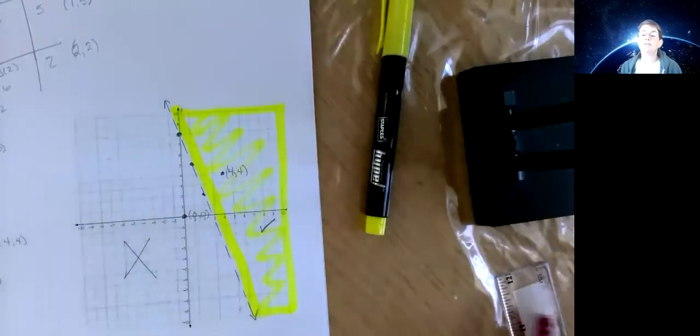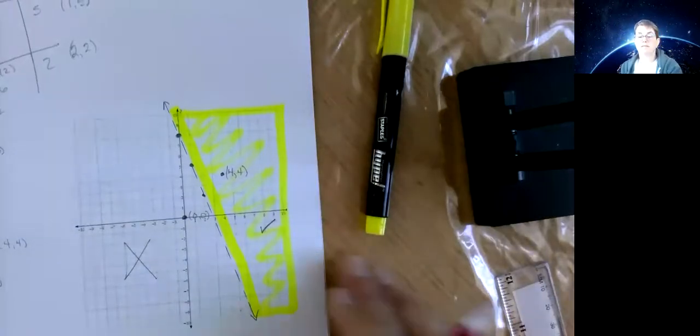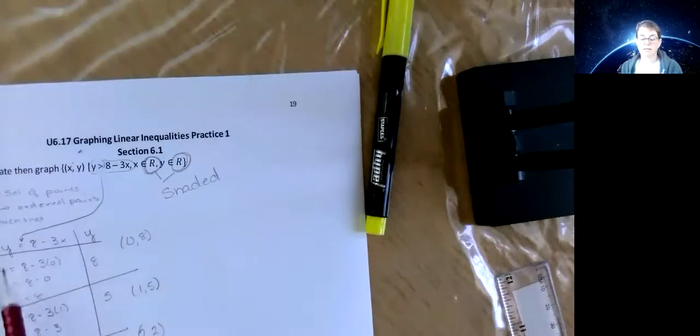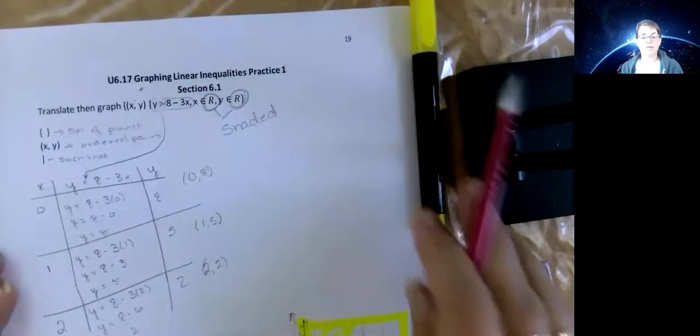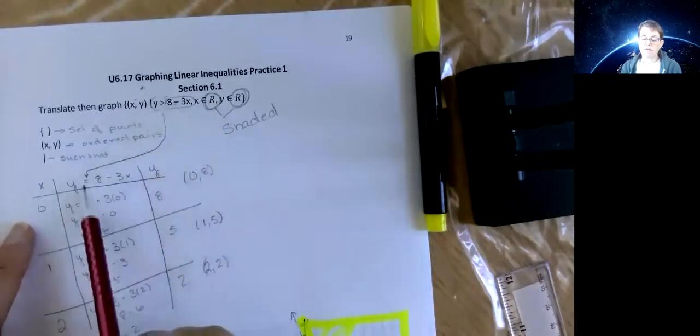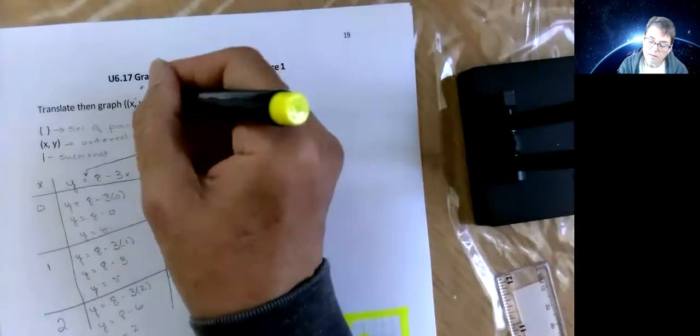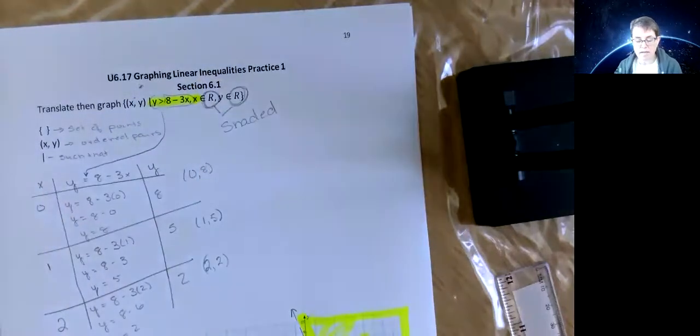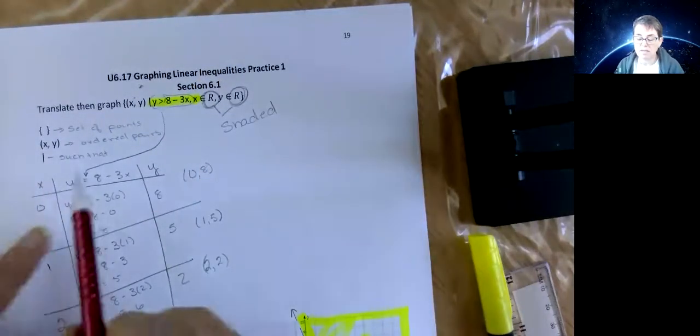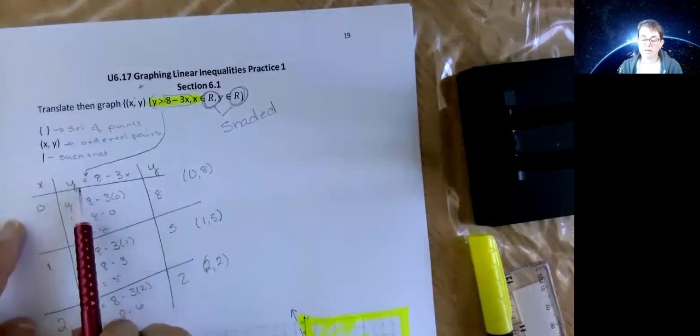Congratulations, we have just graphed our first linear inequality. So we started with, let's just do a quick review. We made the little table and we rewrote our inequality. This is the key part. We rewrote that with an equal sign instead of the inequality, whatever it is, it doesn't matter.